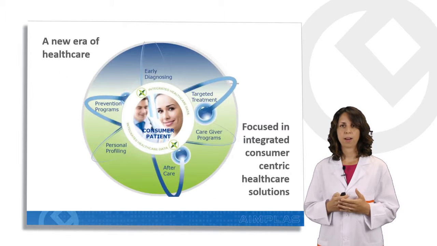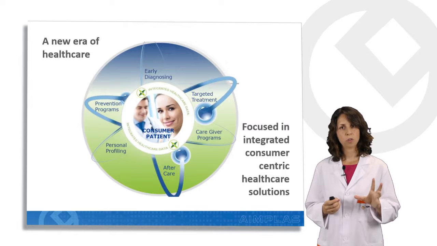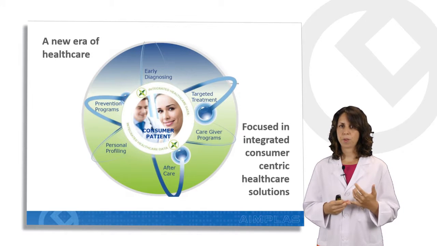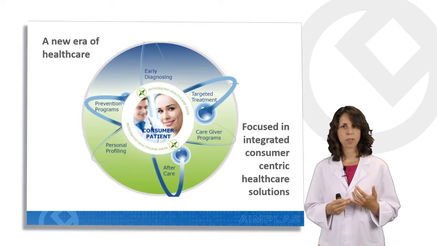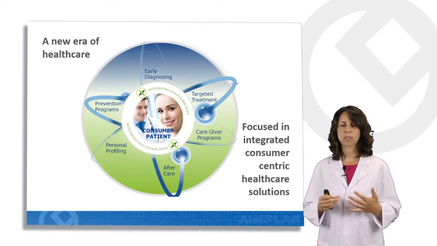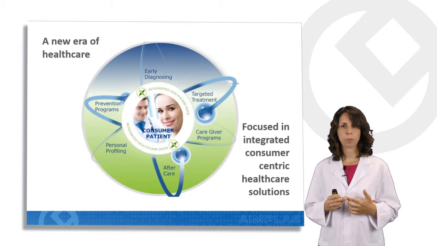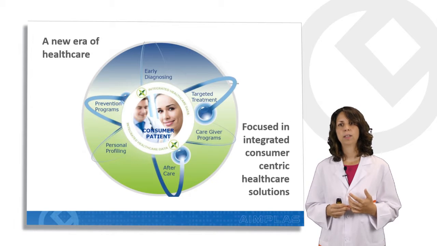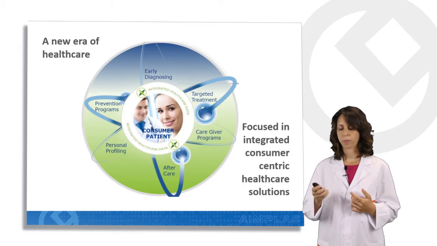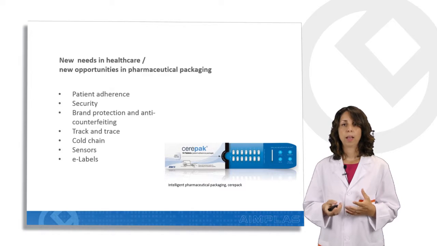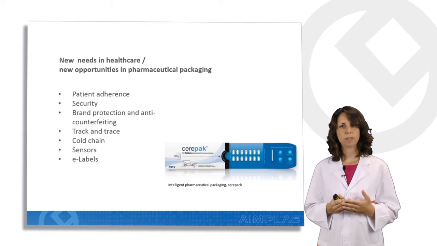In this new era of healthcare, the focus is the patient, in which new prevention programs are under development, early diagnosis, triage treatment, caregiver programs, aftercare, and personal profiling. These new needs in healthcare bring us new opportunities in pharmaceutical packaging.